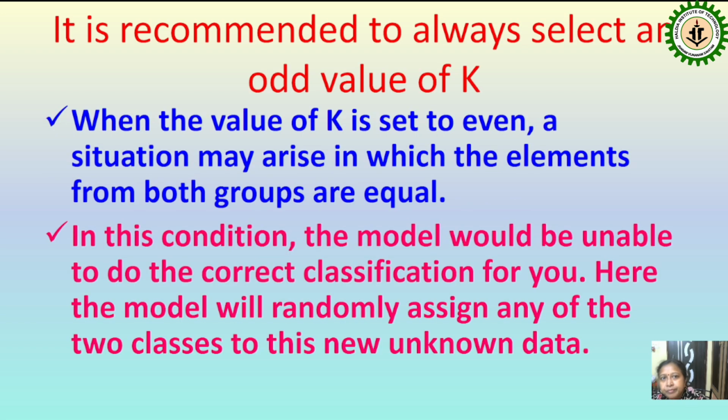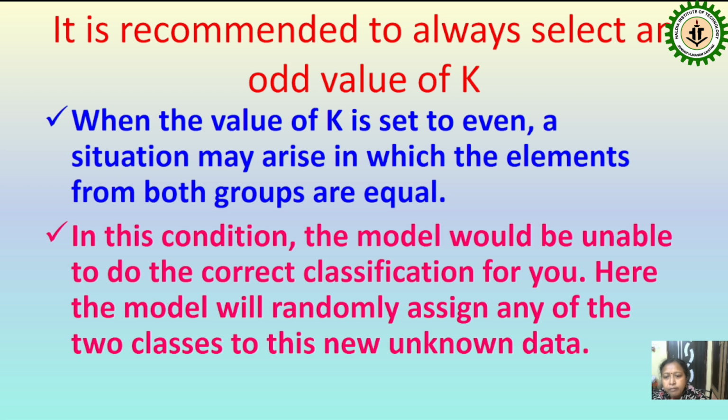Now it is always recommended to select an odd value of k. We cannot set k to an even value. When the value of k is set to even, what happens? A situation may arise in which the elements from both the groups are equal. In this condition, the model would be unable to do the correct classification for you.